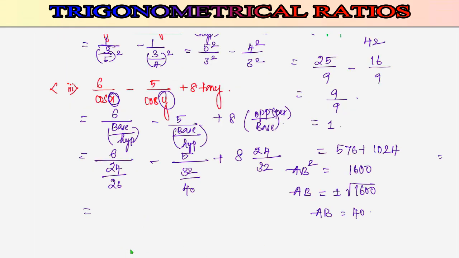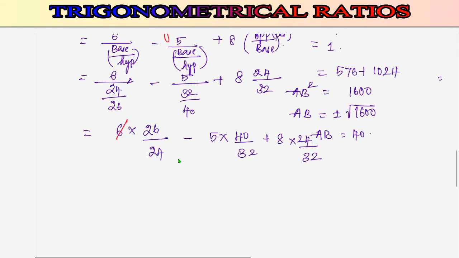Now we have to simplify. Instead of this division, I am going to take multiplication, so we need to take the reciprocal. 6 into 26 divided by 24, minus 5 into 40 divided by 32, plus 8 into 24 divided by 32.